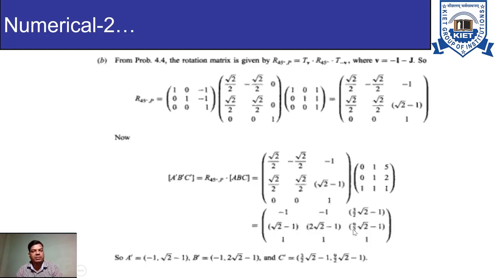So a dash becomes minus 1 root 2 minus 1, b dash becomes minus 1 2 root 2 minus 1, and c dash becomes 3 by 2 root 2 minus 1, 9 by 2 root 2 minus 1. In this way we can solve any numerical in which there could be a rotation about origin, or a rotation about pivot point.